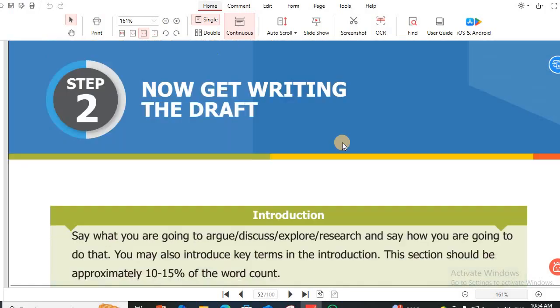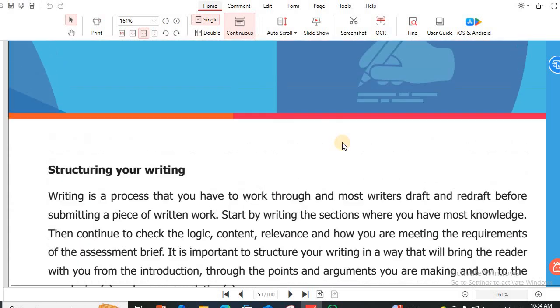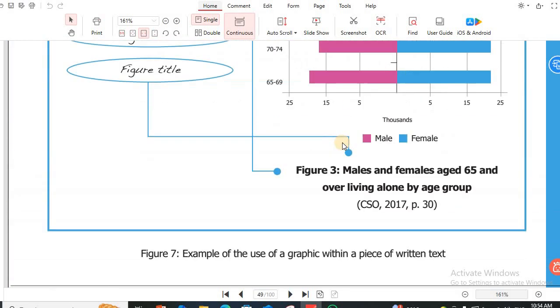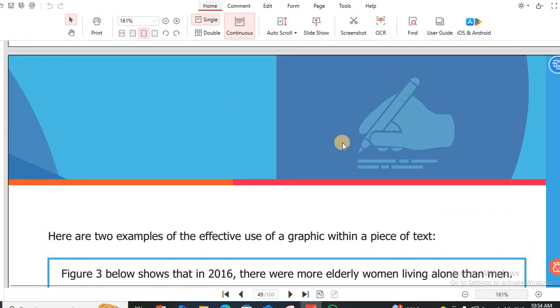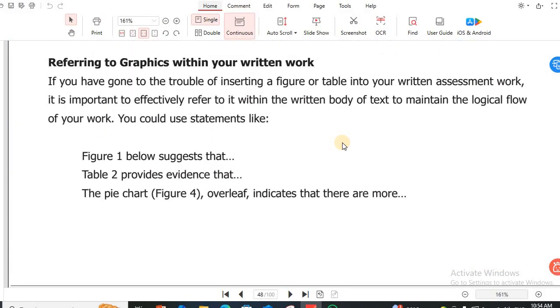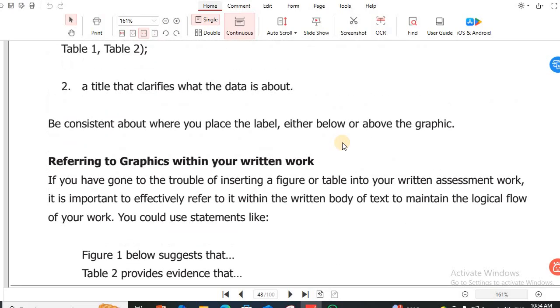Here we used graphs and tables: how you use them, integrating them into the text or the topic, and how you refer to the graphics, tables, or graphs.